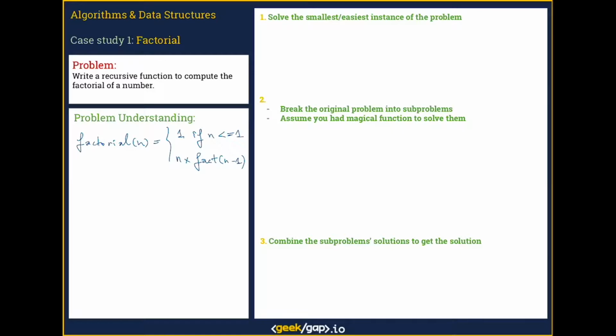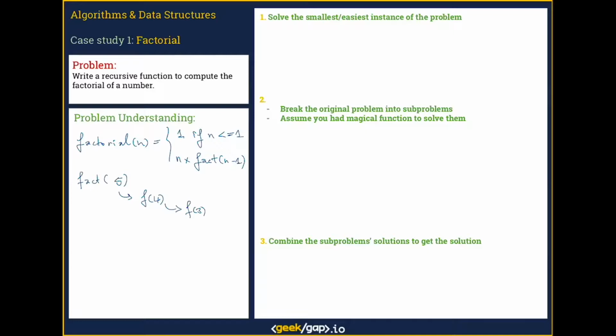Once this function is defined, it's quite obvious that it's a recursive function, because in order to know factorial of 5, for example, you need to know factorial of 4, and so on and so forth.